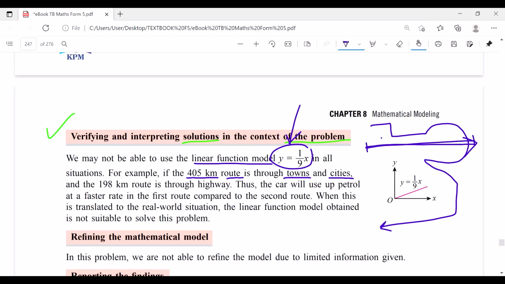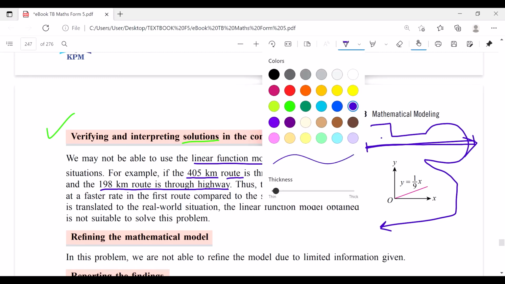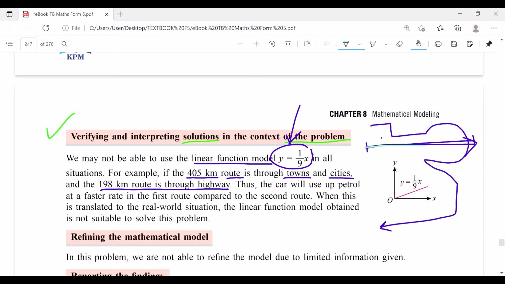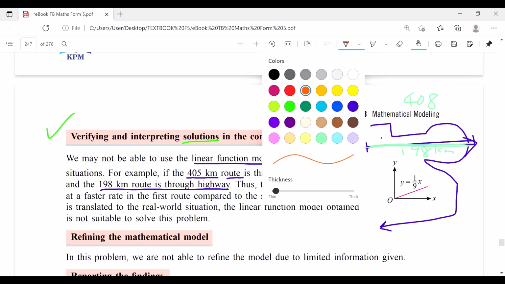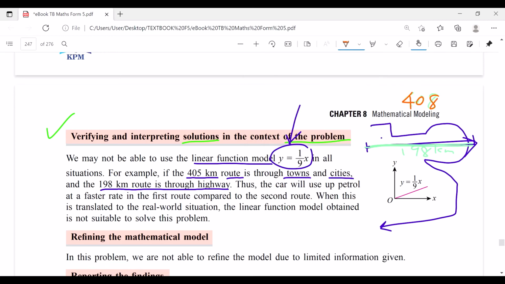Maybe this is the highway. Maybe the 198 kilometer is the highway. But the 408, maybe the route is like this. Who knows?